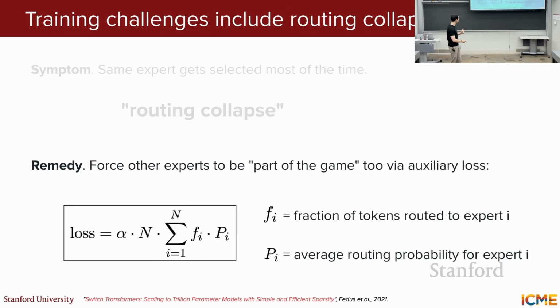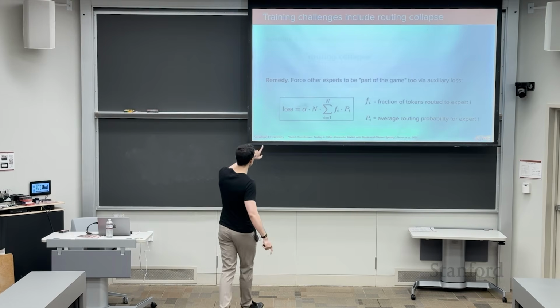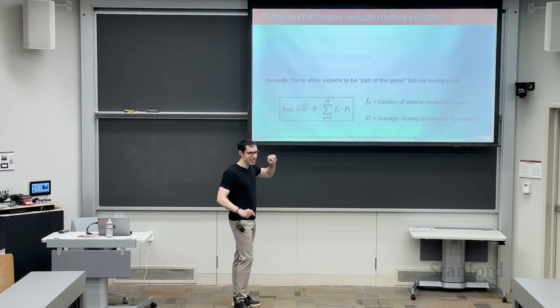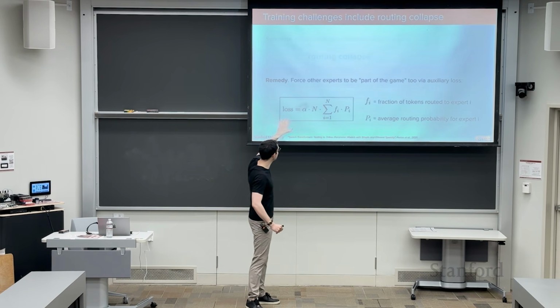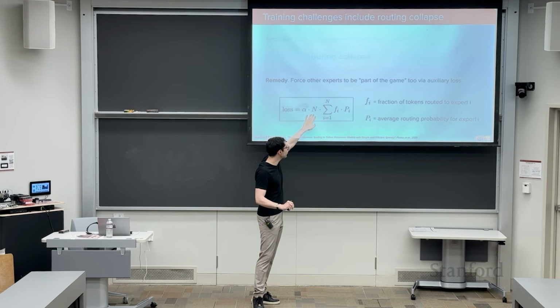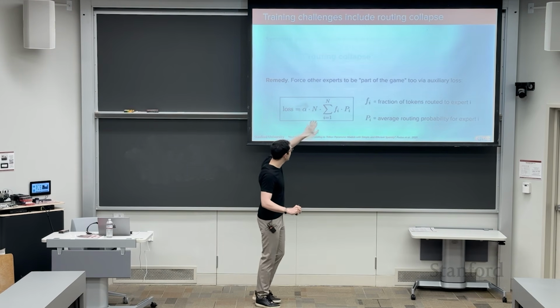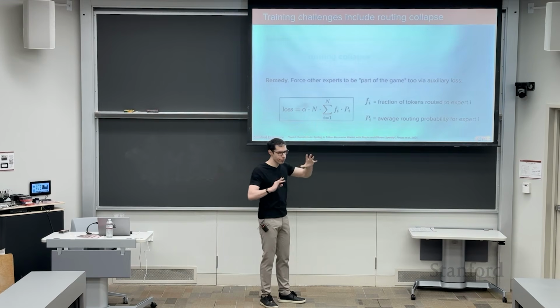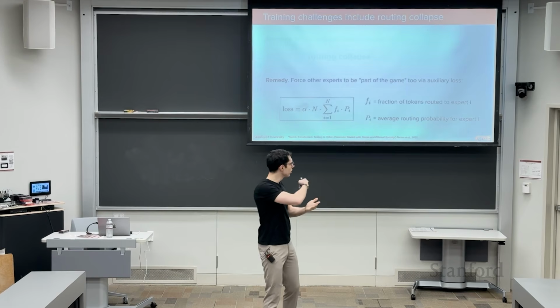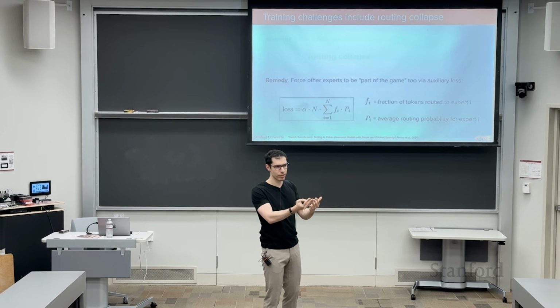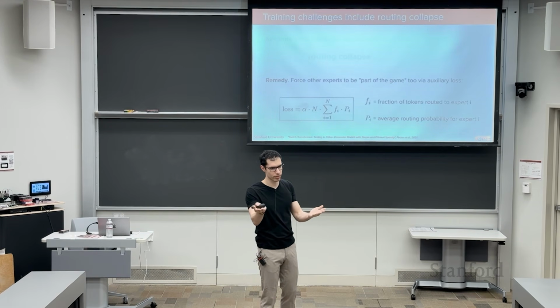So this is a challenge, and the way people try to mitigate it is by changing the loss function and adding some extra term, which is written here. It's basically some hyperparameter alpha times the number of experts times the sum of quantities that depend on whether or not tokens went to a certain expert i, summed over all experts.